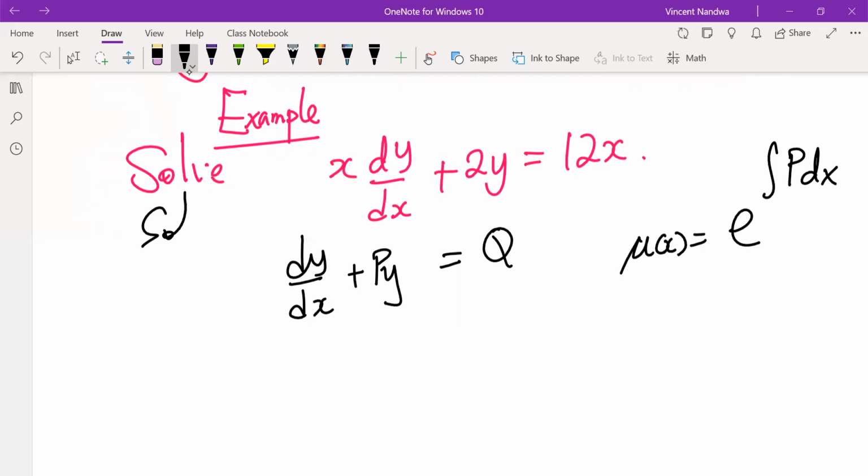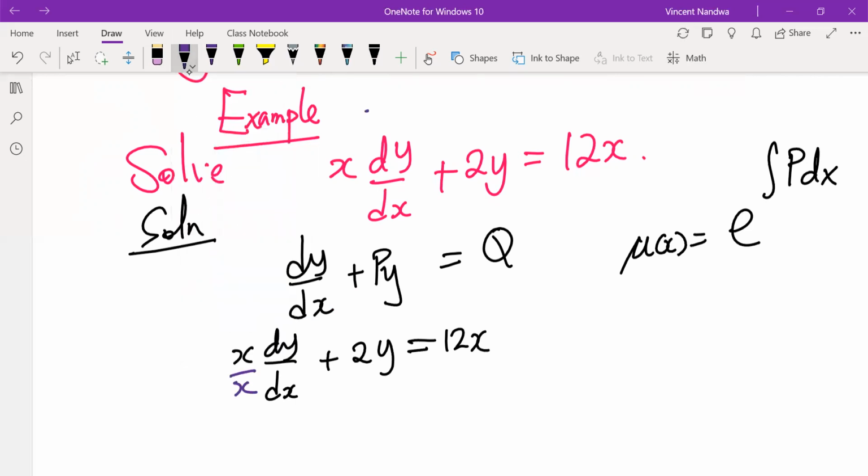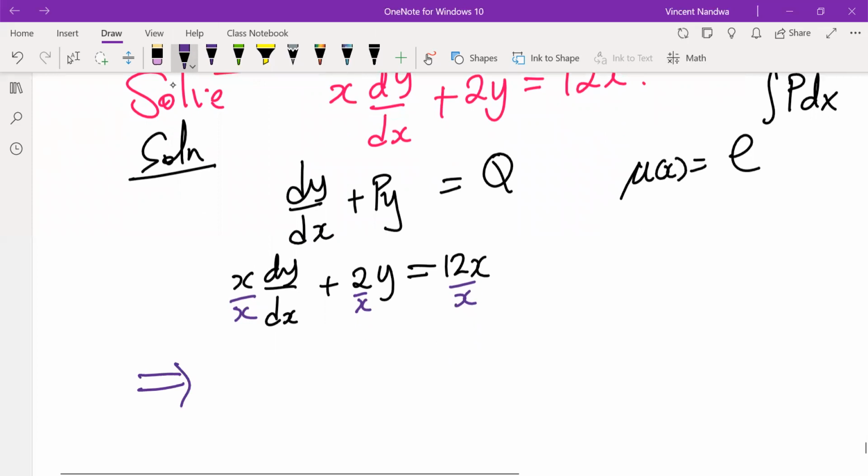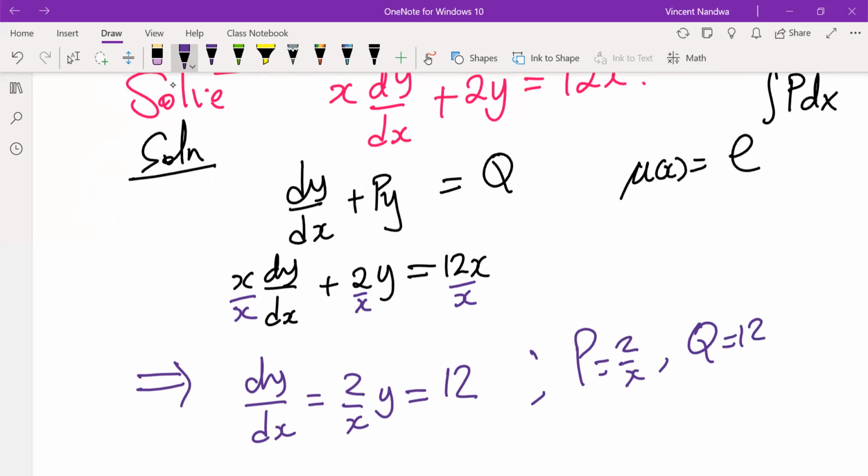Now, we have x dy/dx plus 2y equals 12x. The standard form requires the coefficient of dy/dx to be 1, so we divide through by x. Which implies dy/dx plus 2 over x y equals 12. So therefore, our P is 2 over x, our Q is 12.